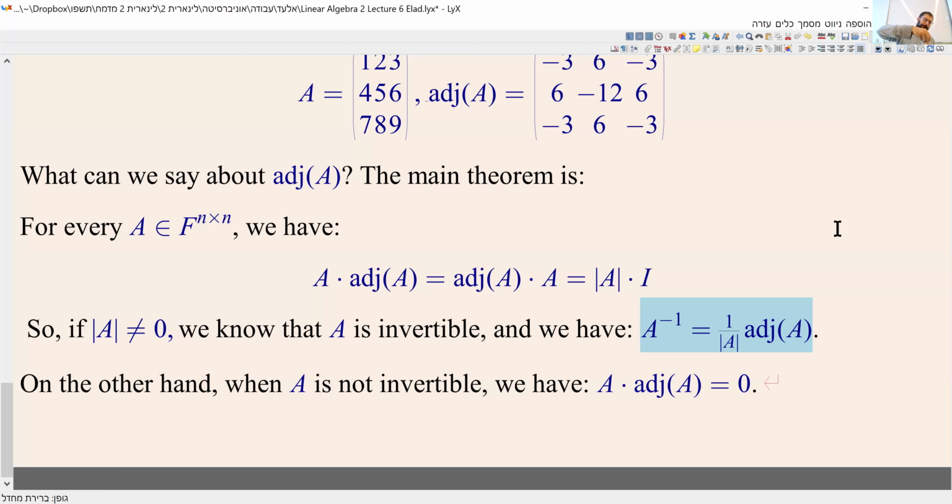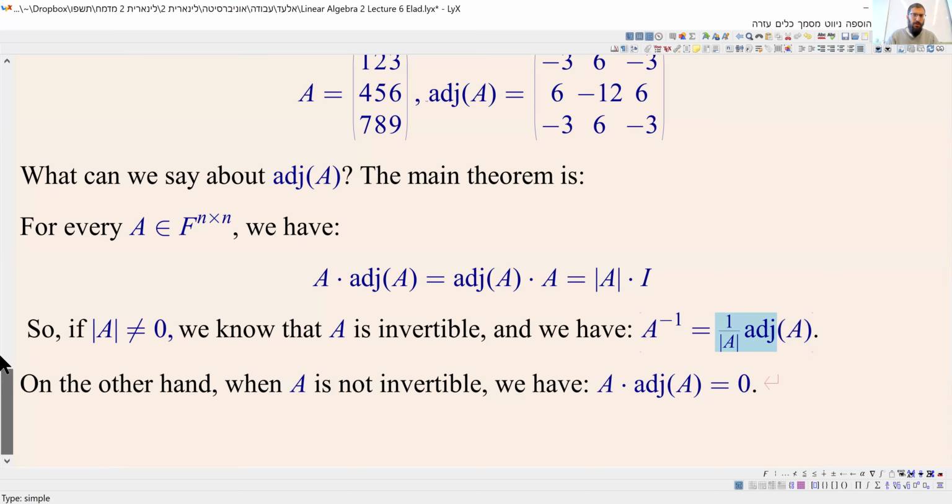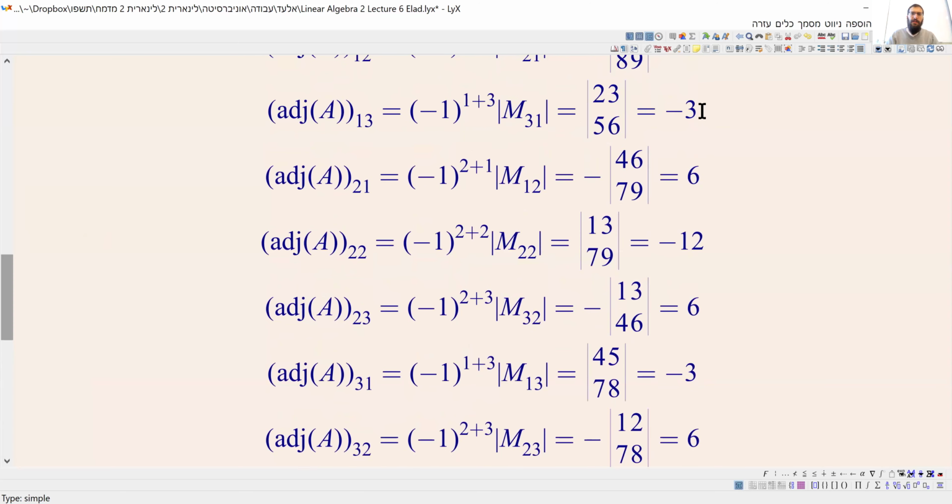Now, we have a way to find our inverse matrix using only determinants, only multiplications and sums of the elements of the matrix. I mean, this is the determinant, right? And the adjugate matrix is calculated using determinants.